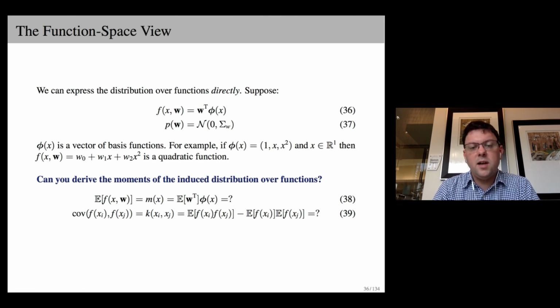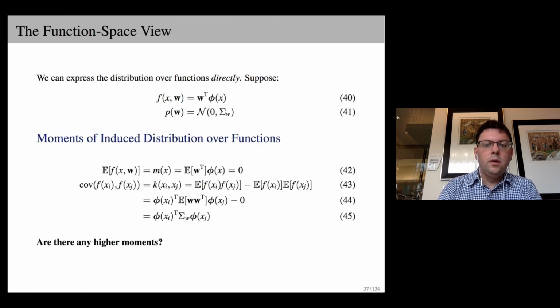So the inputs could be time, spatial locations, whatever is indexing our random function. We can use the definition of covariance and derive the covariance function, also known as the kernel function in this case, as the inner product of phi of xi with phi of xj under sigma w.